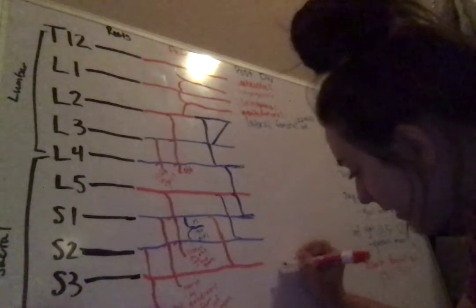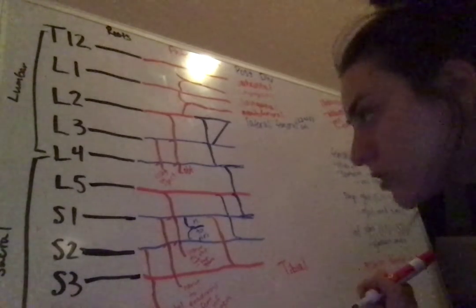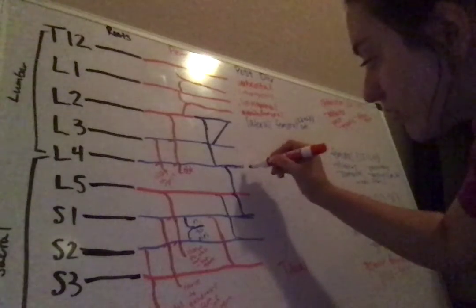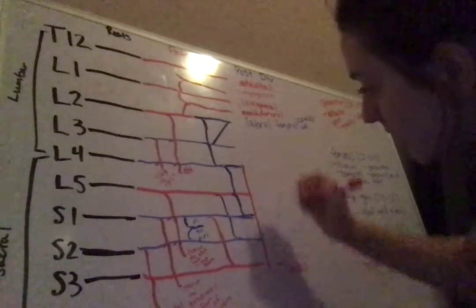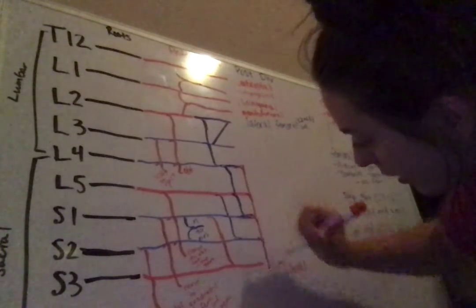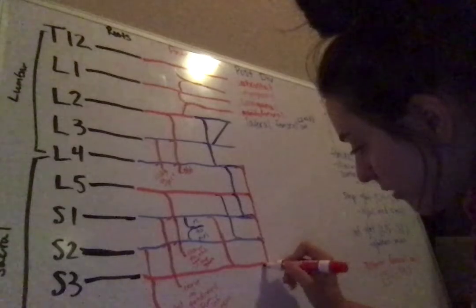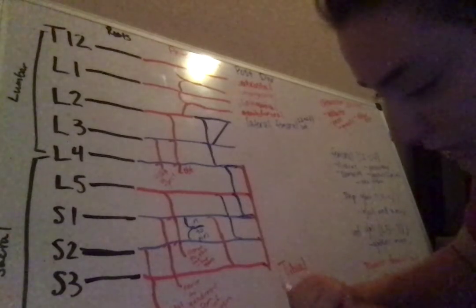So I'm just going to write tibial right here, and then I'll list some muscles for you, but it goes all the way from L4 down to S3. Draw some little branches right there. Make her thick. Alright, that's the tibial.